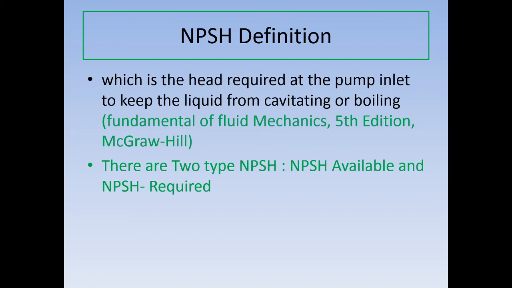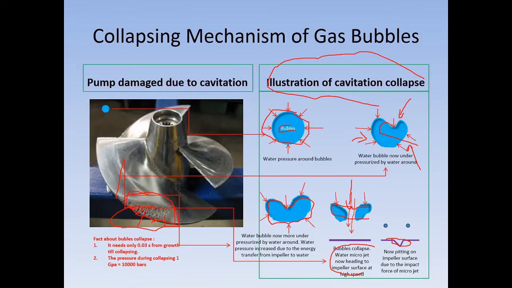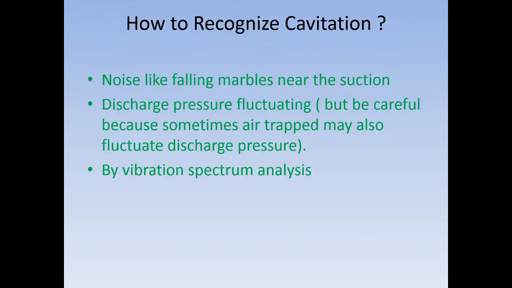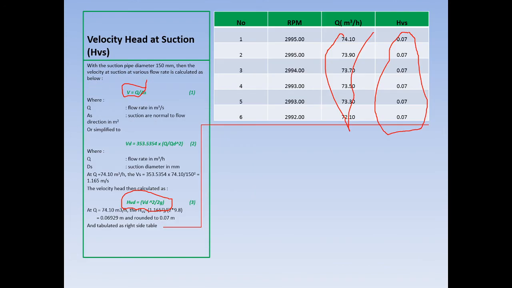Of course, during this throttling, you get so many data. Let's say, as you can see on the screen, during that throttling you have 6 data.